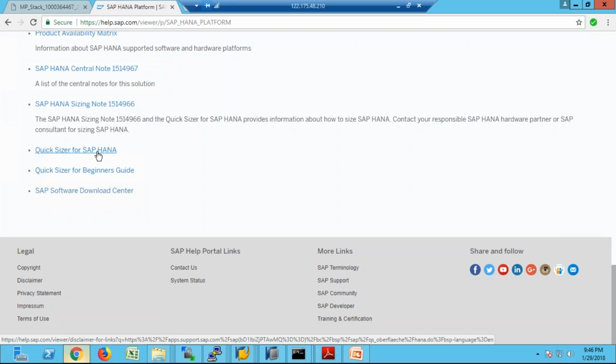Nearly 35,000 projects every year are sized there. With your customer ID, you can create a sizing project and, providing the inputs, you'll be able to do this. Even though there are so many different approaches available for sizing, this is one of them. QuickSizer, based on the users and throughput, lets you do the sizing here.